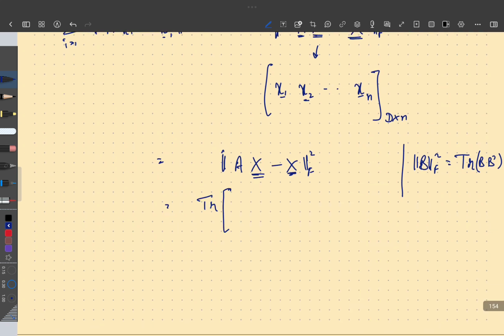This is the trace of (AX minus X) transpose times (AX minus X).